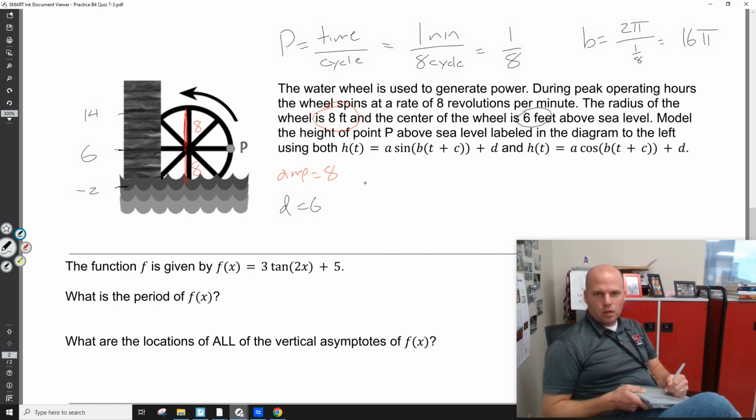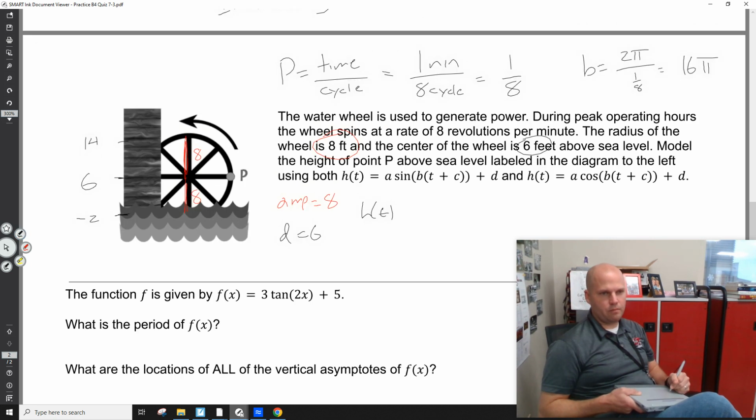Okay, so let's use sine and cosine. I'm starting at my midline. I might want to just sketch this graph really quickly just so I'm not making any mistakes and you're understanding what's going on.